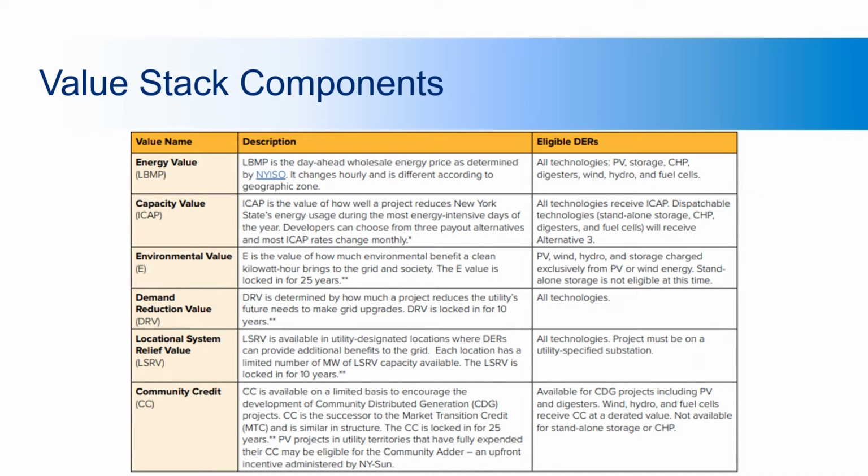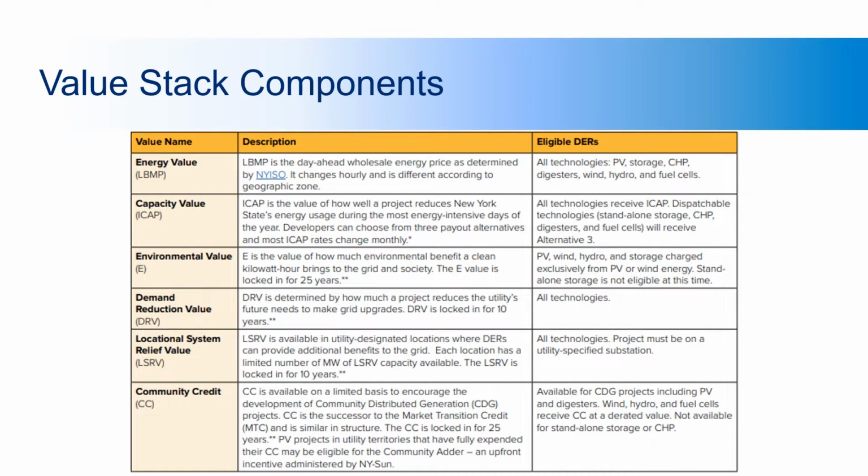Value stack components include energy, capacity, environmental, demand reduction, and locational system relief values, as well as either a market transition or community credit specific to community distributed generation projects. The energy value, or locational-based marginal price, is available to all projects and is based on the New York Independent System Operator, or NYISO, day-ahead hourly wholesale rates for energy.